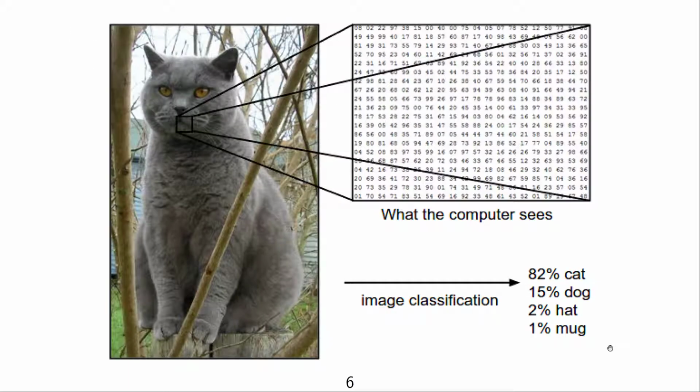Now, here is an image of a cat that we might want to classify. Why are we talking about cats? It's just for some reason the internet is full of cats and cat videos, and it's a reasonably nice example to explain the problem. If you look at the cat image to the left as a human, you have an immediate understanding of the image and you can process it really well.